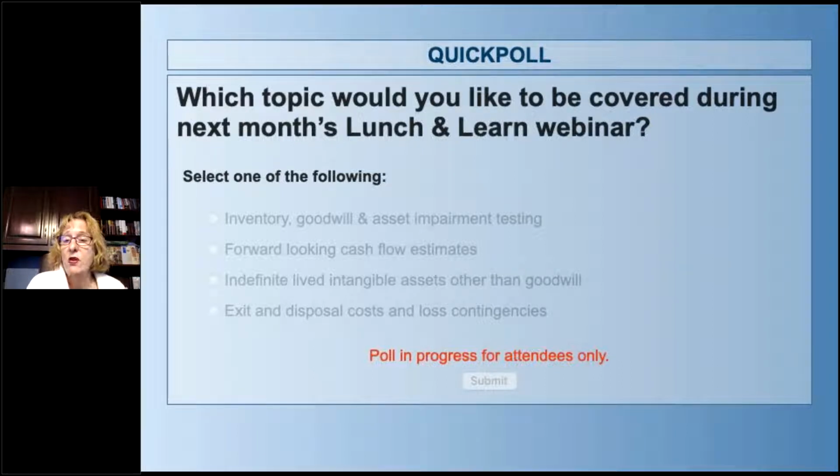So with that, I will turn it back over and find out what our results are. Sure thing. We're going to let it run a little bit longer, but right now we have 34% for inventory, goodwill, and asset impairment testing. 28% are looking for forward-looking cash flow estimates, so they must want to hear more. 22% exit and disposal cost and loss contingencies, and at 15% we have indefinite-lived intangible assets other than goodwill.